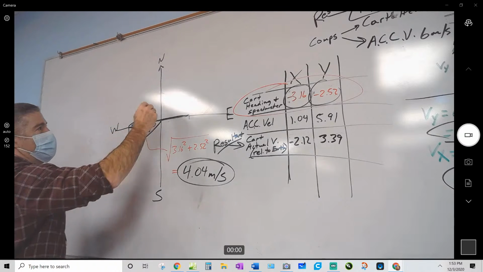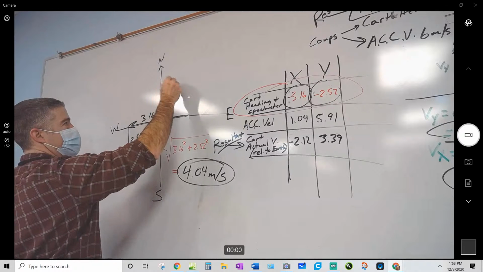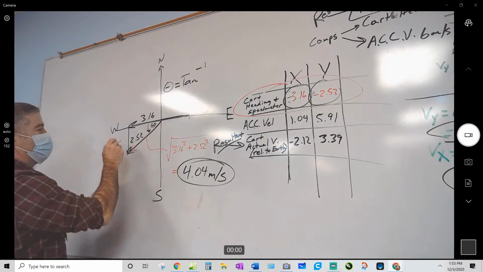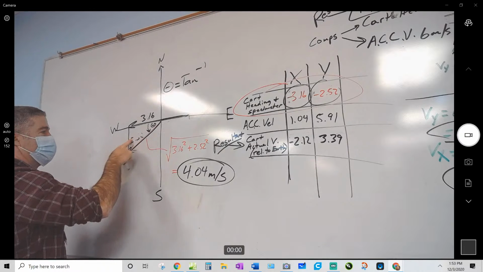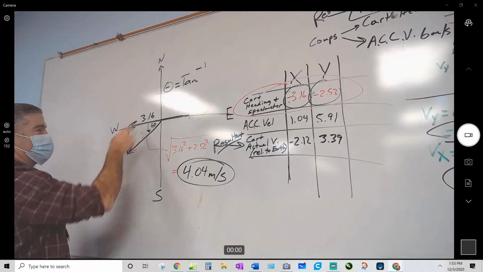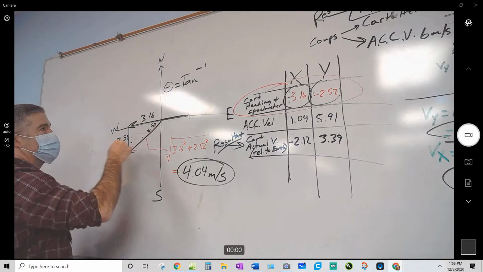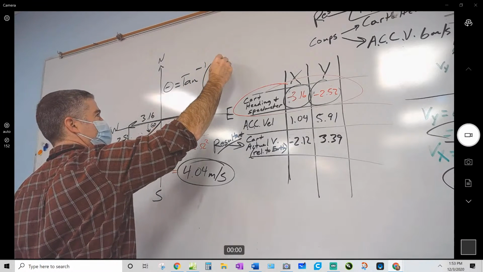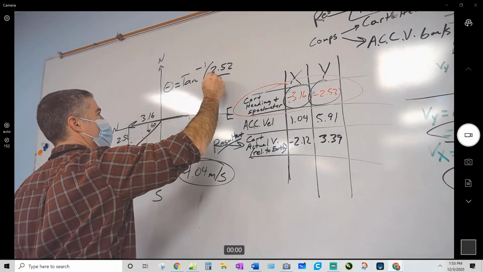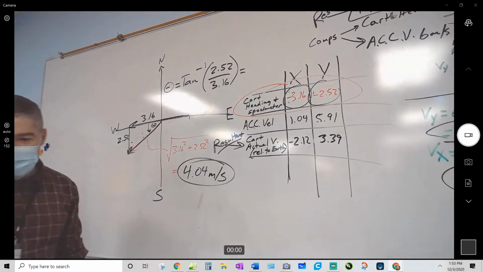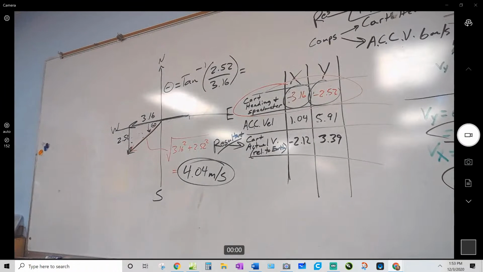If I call that angle theta, then theta equals the inverse tangent of this over this. Tangent is opposite over adjacent, so the inverse tangent of the opposite over the adjacent gives you the angle. And that should be 38.6, or at least that's what I got before.